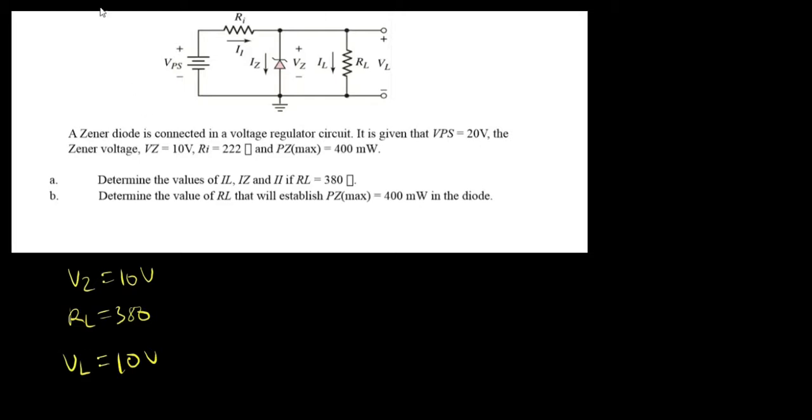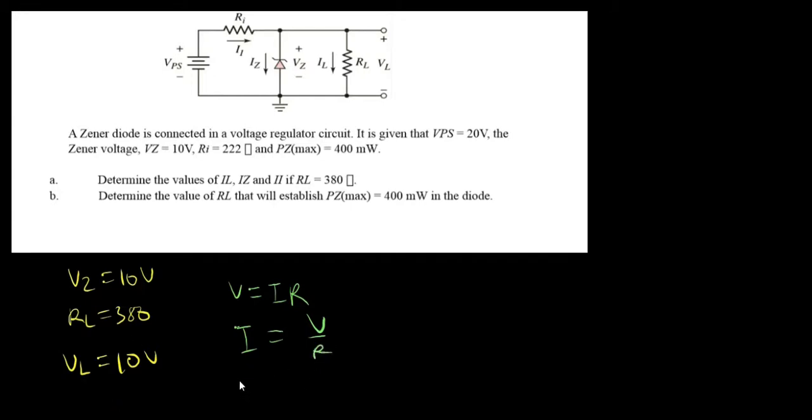Okay, so with this, let's go ahead. You know that voltage equals current times resistance from Ohm's law, so we can make current the subject. That will be I equals voltage over resistance. In this case, we want to find the load current.